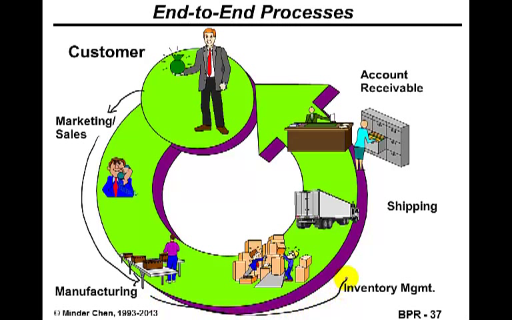From our inventory warehouse, we ship it to them, and eventually we get paid. This is sometimes referred to as the order to cash cycle. We need to consider this end-to-end process to complete the cycle in a reengineering project.